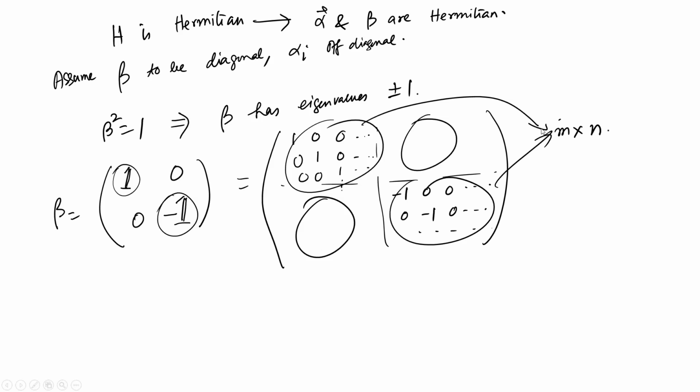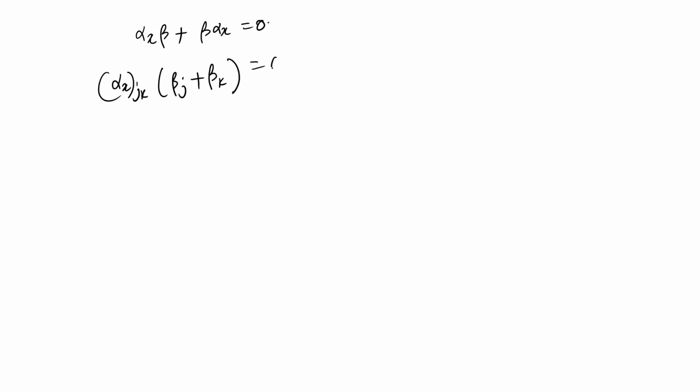Now, very important input comes when we look at the anti-commutation relation between alpha x and beta, or any of these, not only alpha x but alpha y too, but we are just looking at alpha x. So, beta alpha x plus alpha x beta is equal to 0. If you take the jkth element, then alpha x jk times beta j plus beta k is equal to 0.